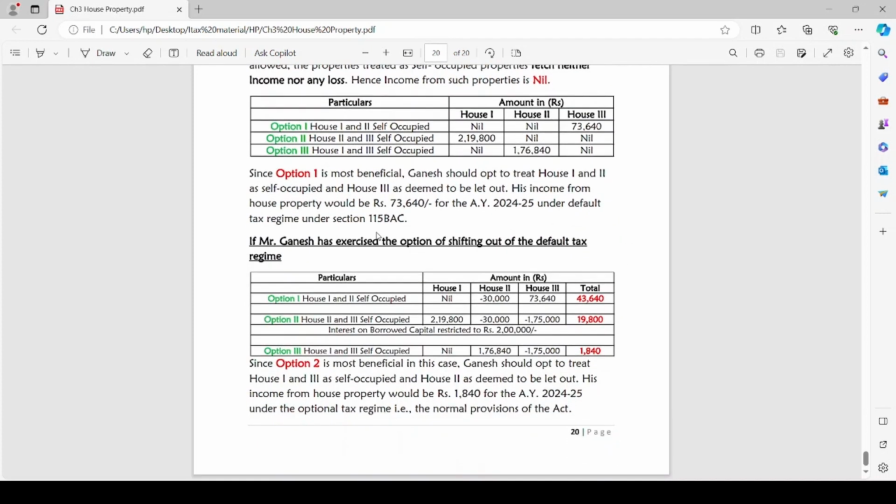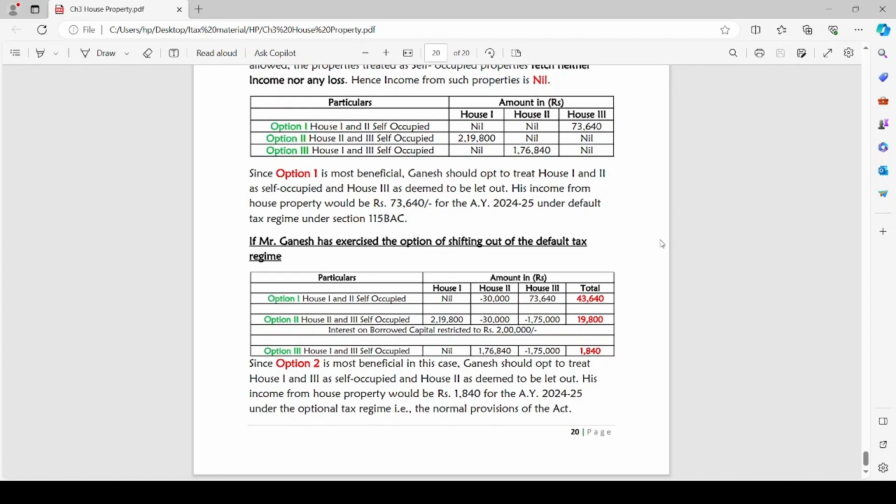If Mr. Ganesh has exercised the option of shifting out of the default tax regime, that is, he is paying tax as per the normal provisions of the Act, in such a case, interest on borrowed capital under section 24B is allowable as deduction.